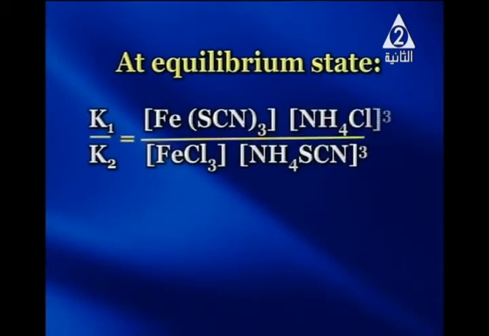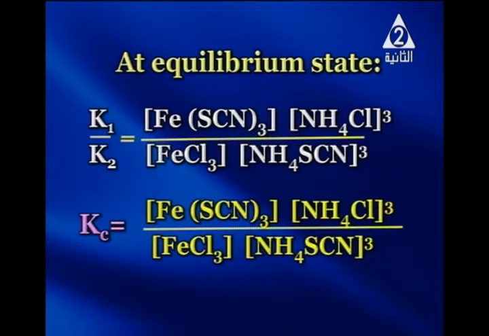So, at equilibrium state, K1 over K2 equal the concentration of the products, which are iron 3 thiocyanate and ammonium chloride raised to the power of 3, over the concentration of the reactants, which are iron 3 chloride and ammonium thiocyanate. So, Kc equals the concentration of the products over the concentration of the reactants, and each is raised to the power of the number of moles in their balanced equation.